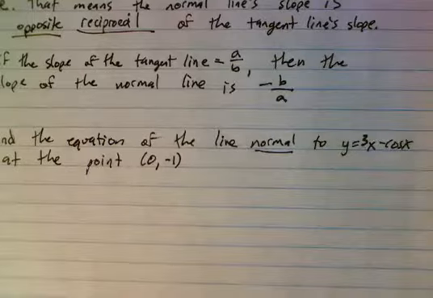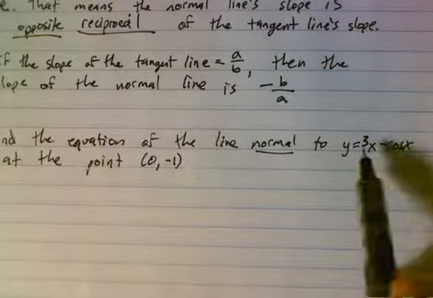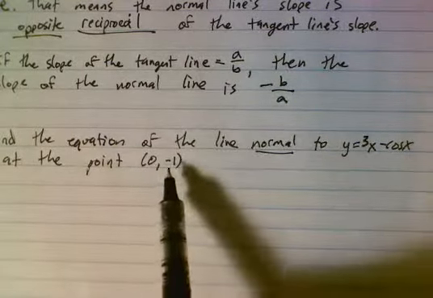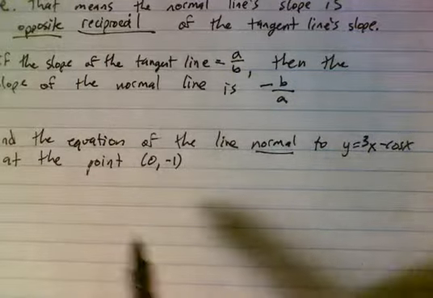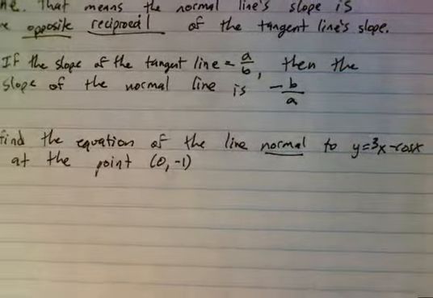So again, we know that the derivative of this at the point (0, -1) is going to give us the slope of the tangent line. If we do the opposite reciprocal, we'll get the slope of the normal line.